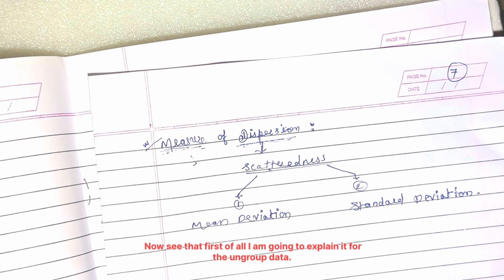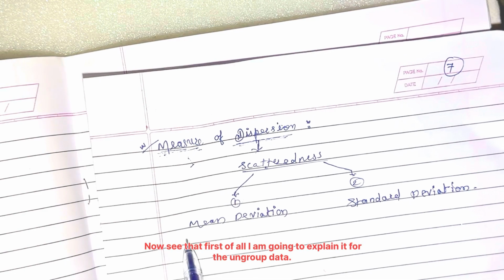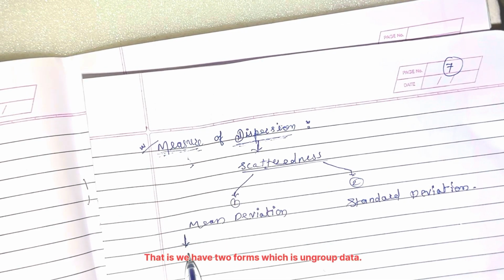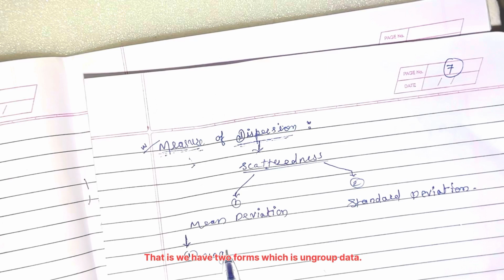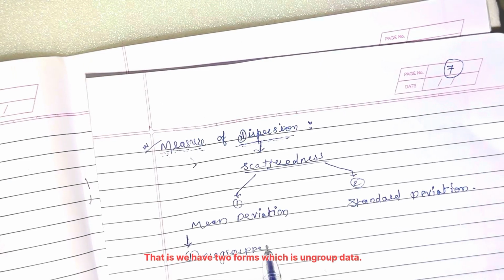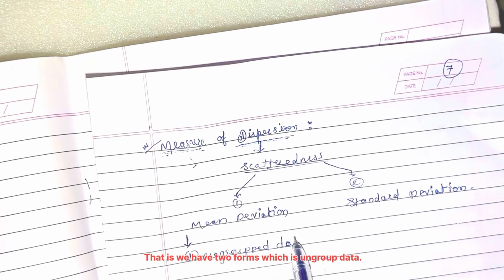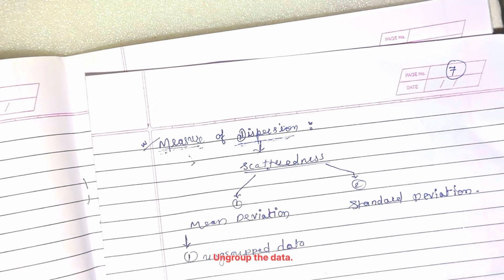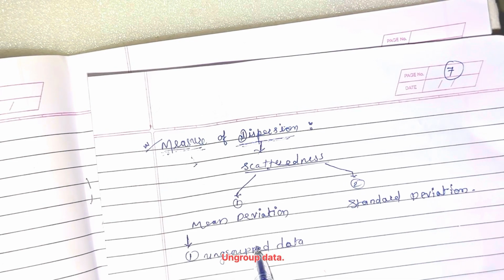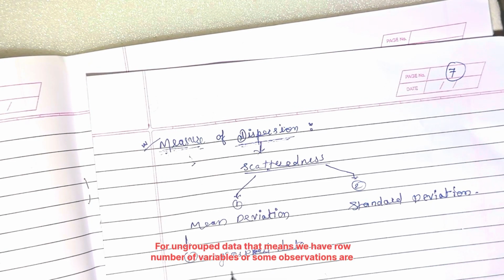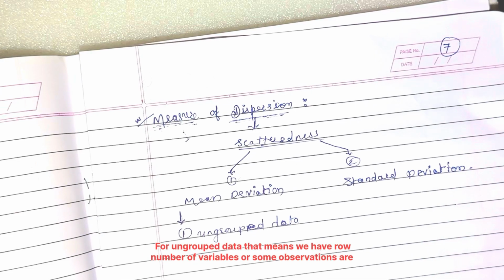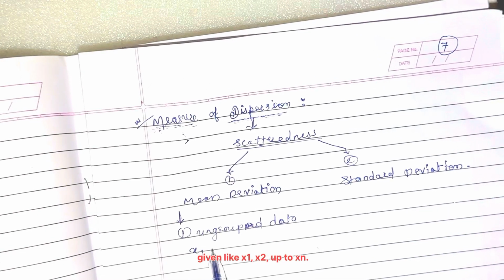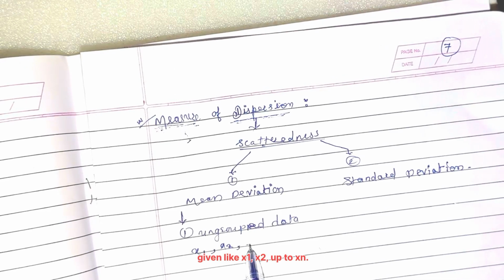Now see that first of all I'm going to explain it for the ungrouped data. For ungrouped data, that means we have a raw set of variables or observations given, like x1, x2 up to xn.